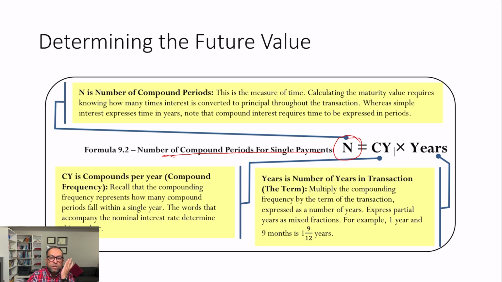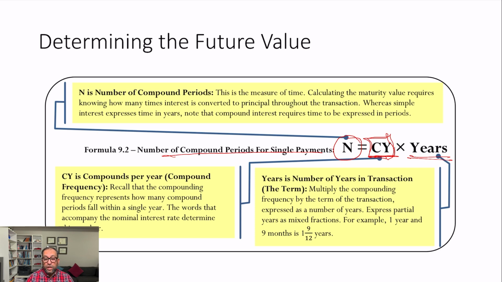So how do we get this n? We need to know CY, which we already know is the compounding frequency. CY is compounding per year because it's a single payment. Later on we will talk about some other variable as well, PY, but here we use CY. n is CY, the number of compounding in a year, multiplied by the number of years.